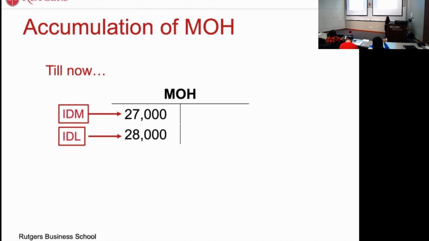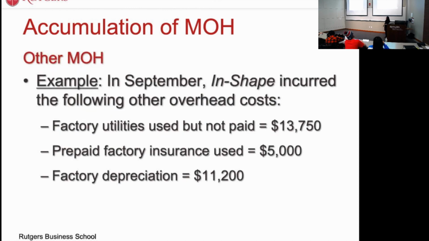But as I said, besides indirect material and indirect labor, we still have some other overheads, right? So now let's first journalize the other overheads. So these three transactions are related to the other overheads.